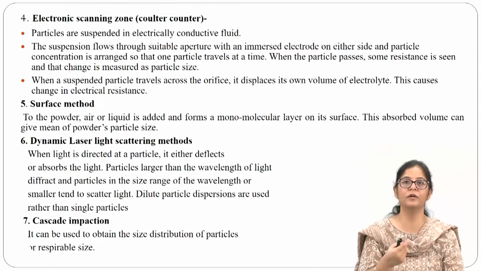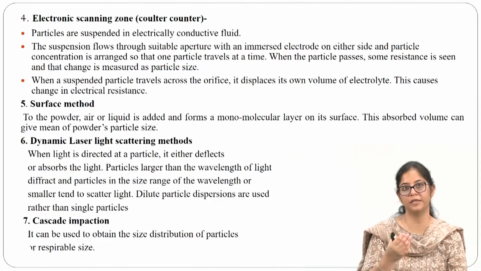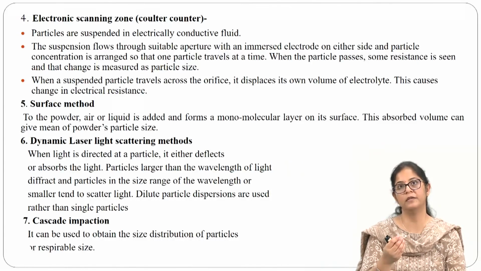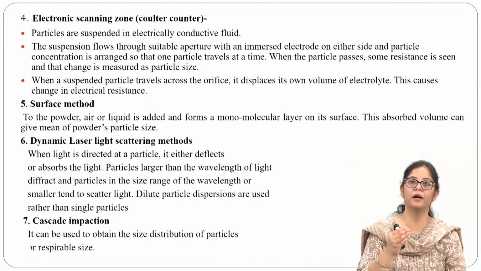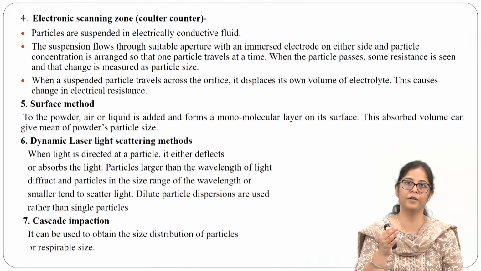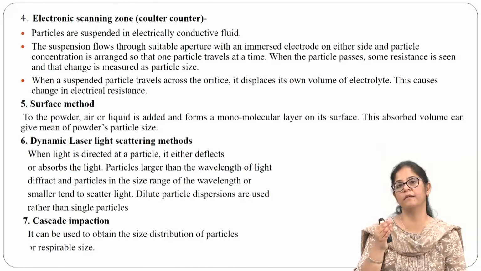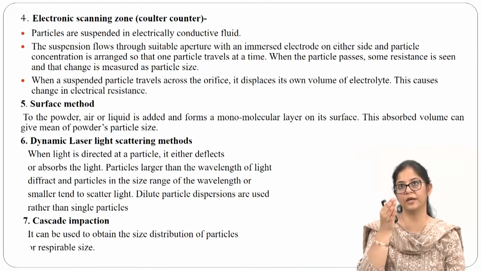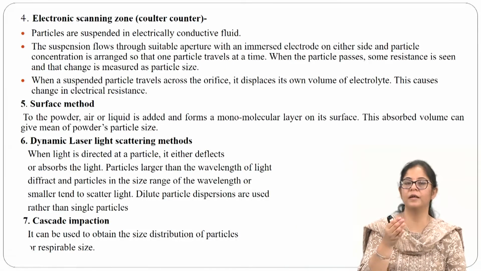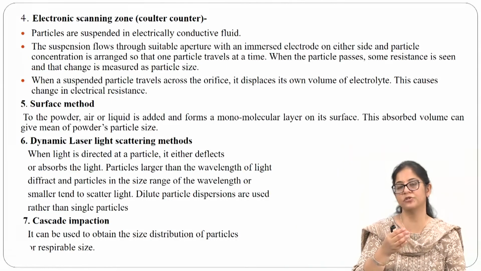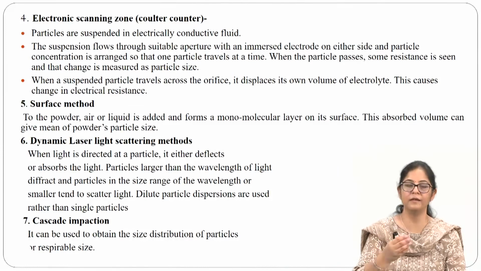Then there is the Coulter-Counter method of determining the size of particles. In a suspension, specifically dilute suspensions are taken and made to pass through an orifice, and as they pass, the resistance will change. There are electrodes on both sides, and as they pass, there is a change in resistance which is noted, and this is then calculated in terms of the size.